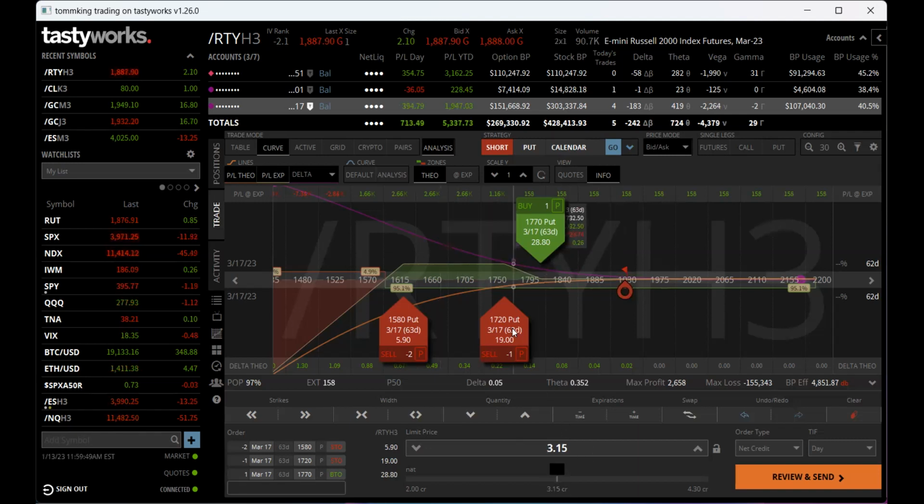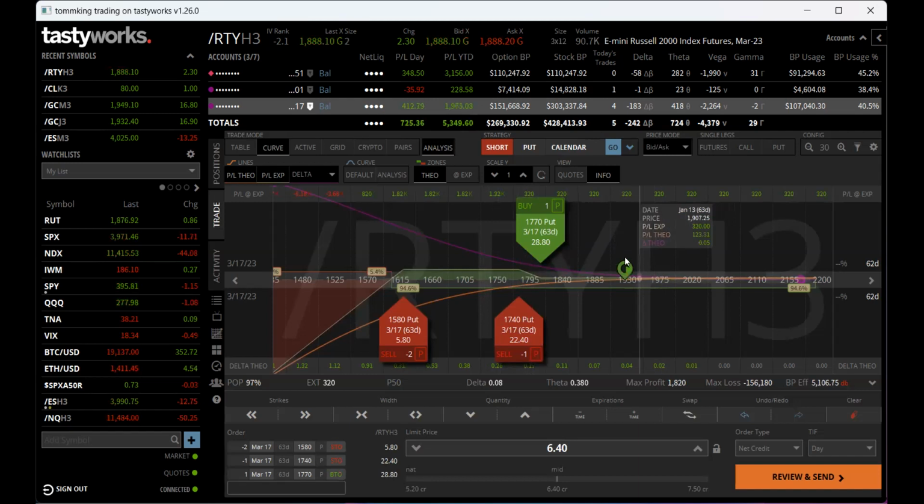I probably need to get closer. I might have to shorten these up a bit more here. Maybe I'll go with a 30 wide or a 40 wide, maybe a 30 wide. Pretty close. Now you're making $320 on 5,000. So 325 on 5,100 puts me right at about 6%.